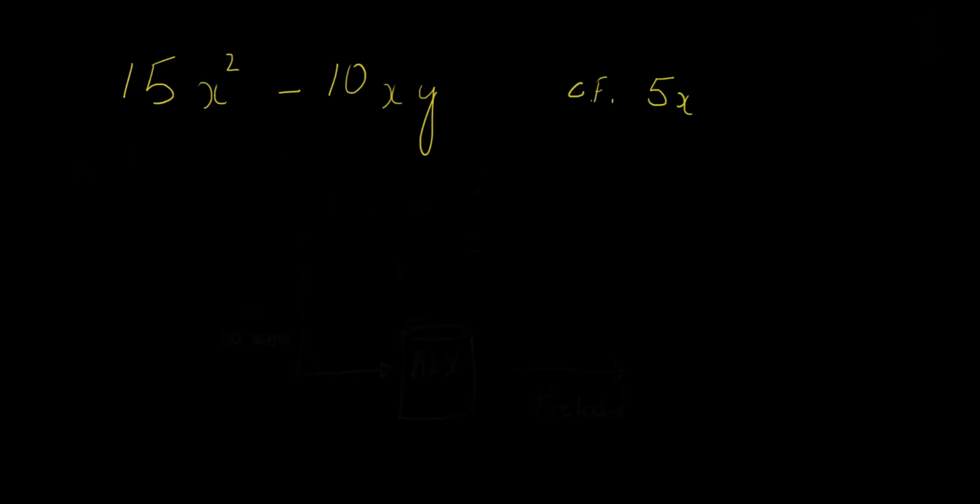Fantastic. There's two common factors, a 5 and an x. If I put the 5x outside, what's the first term I have to put inside the bracket? 3x.